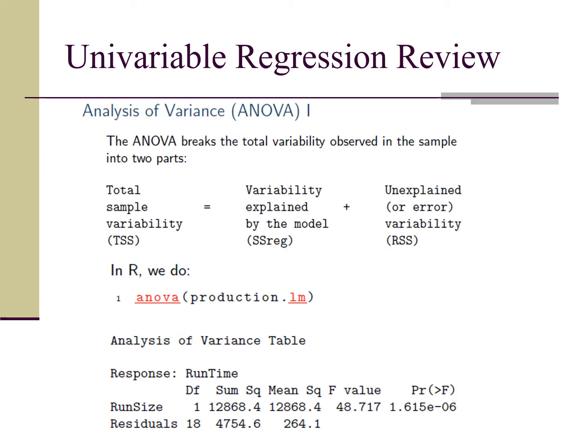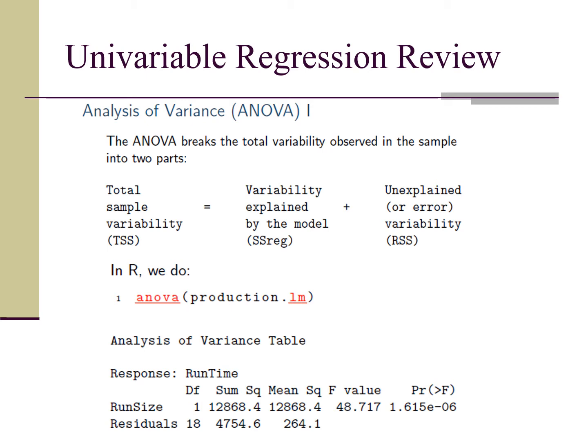Right. So we can then do ANOVA on this in R, which will break down the total variability in the sample into 2 parts. The total sample variability is equal to the variability explained by the model, the sum of squares of the regression, and the unexplained or error variability, the residual sum of squares. So in R, you can just skip to getting the ANOVA results by saying anova(production.lm), and you get an analysis of variance table.